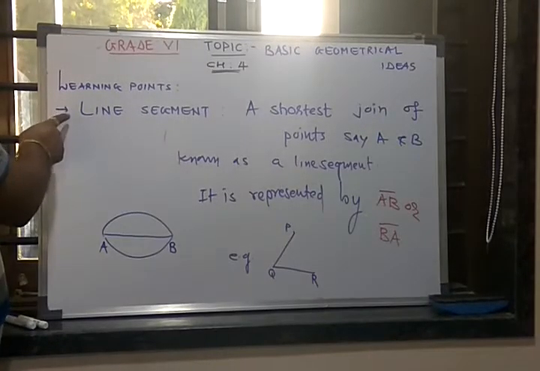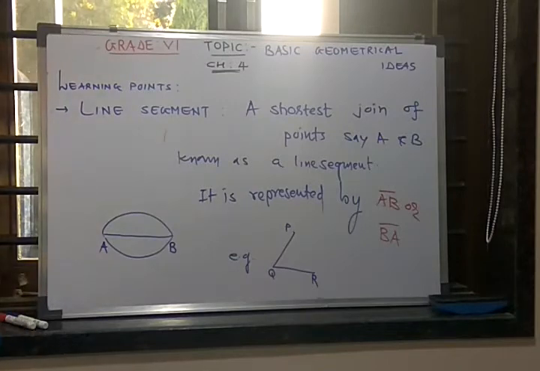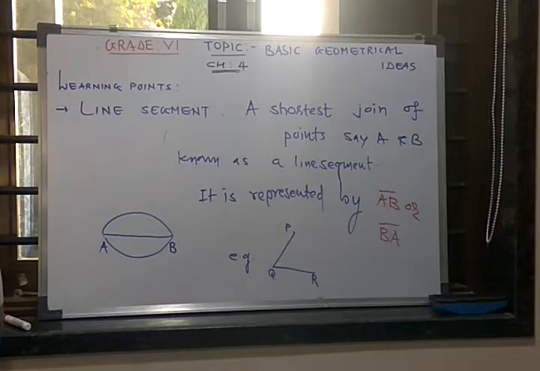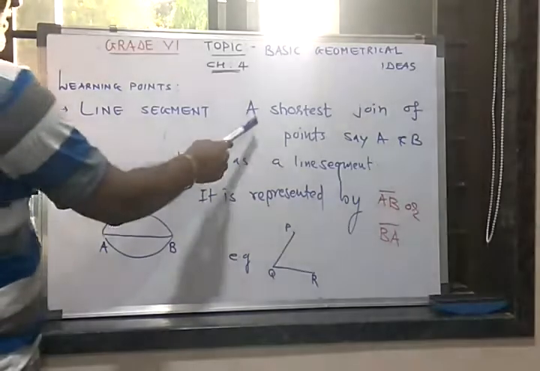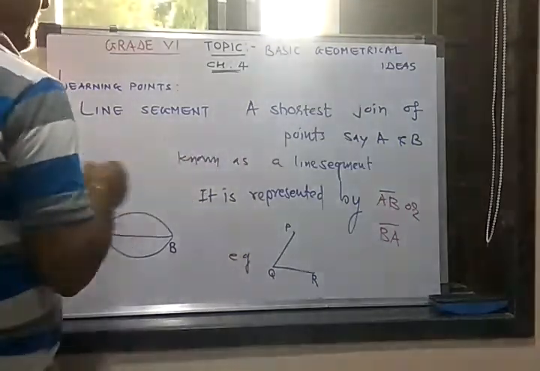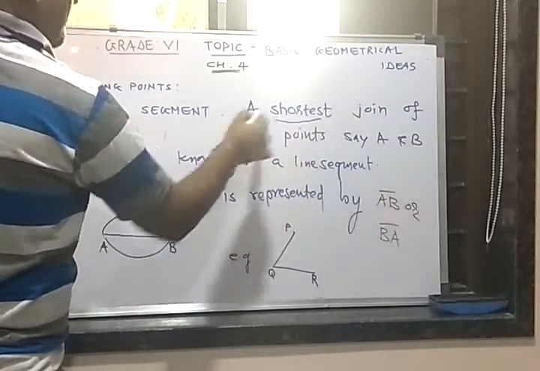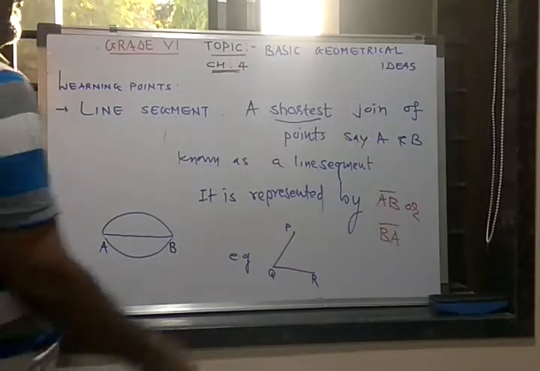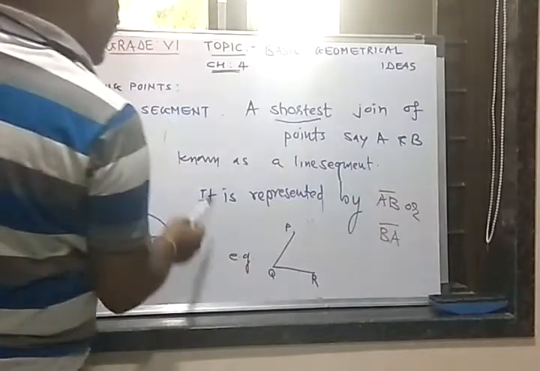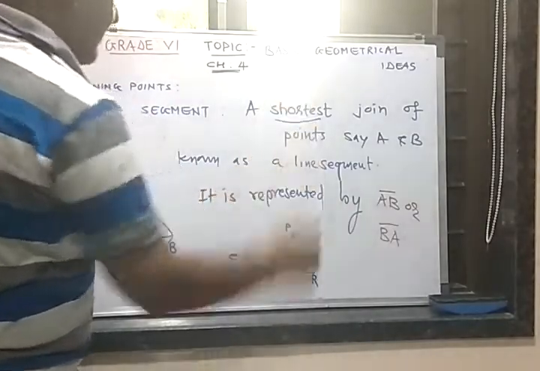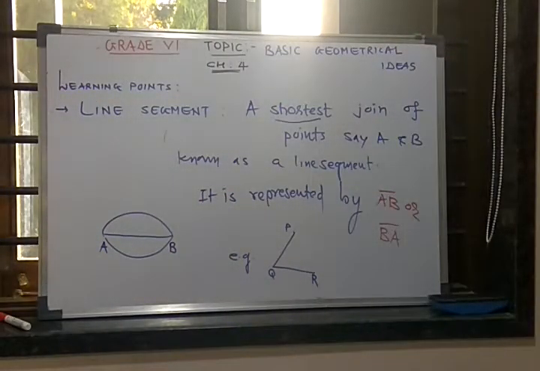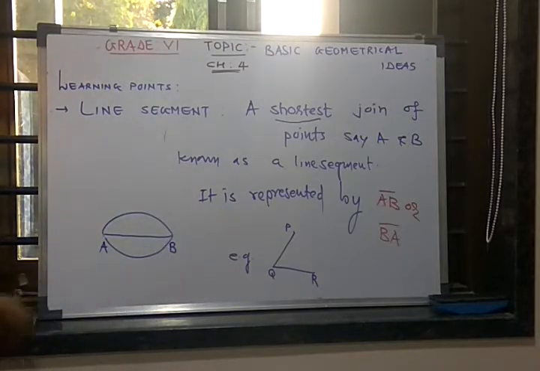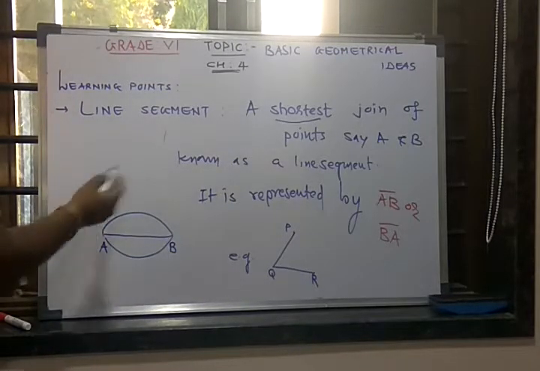Next point, line segment. Line segment means a shortest join of points, say A and B, known as a line segment. Here you see point A, point B. Now you join the points.